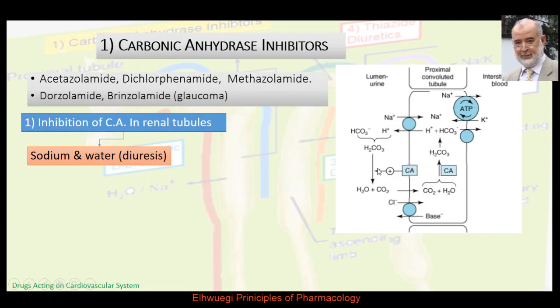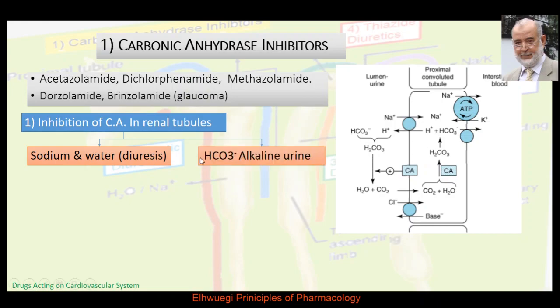Why? Because these drugs, as we have said, will increase the excretion of bicarbonate. So this is the first clinical application. They are used as short-term diuretics in treatment of edema, especially accompanied by metabolic alkalosis.